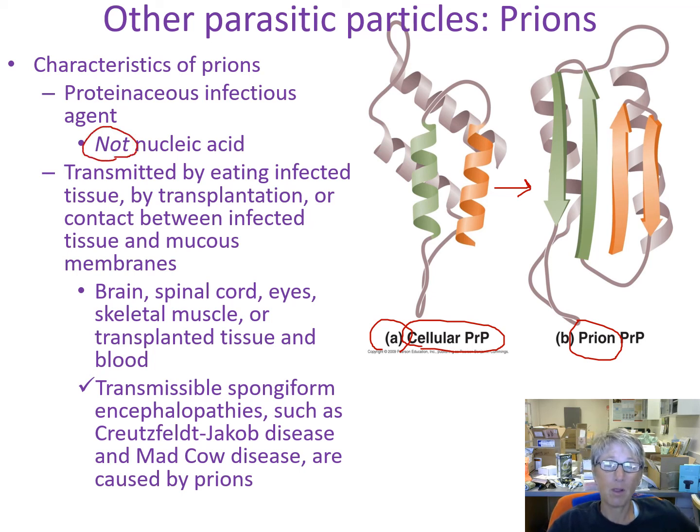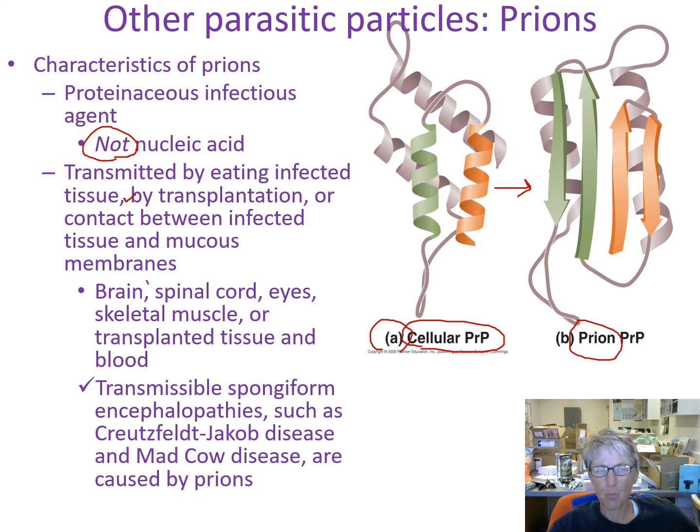Remember, viruses and viroids are nucleic acids. They're infectious particles made of nucleic acid. Prions are not nucleic acids, they are protein. They're infectious proteins. You can transmit them by eating infected tissue, transplantation, or contact between infected tissues and mucous membranes.